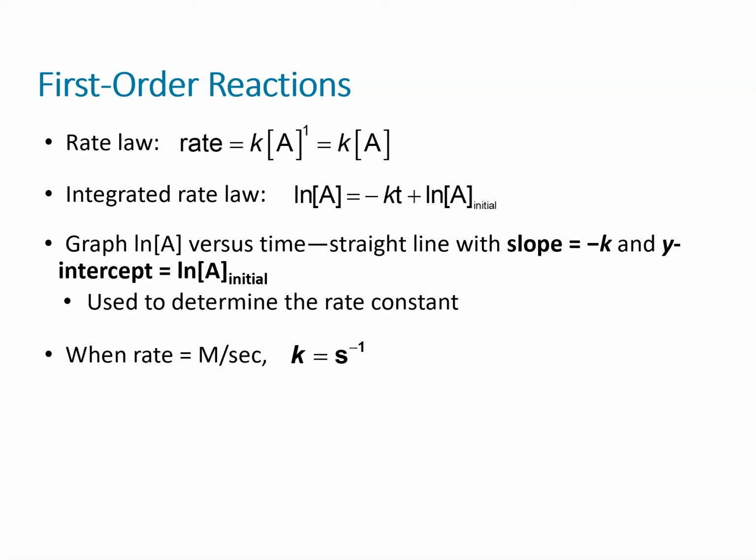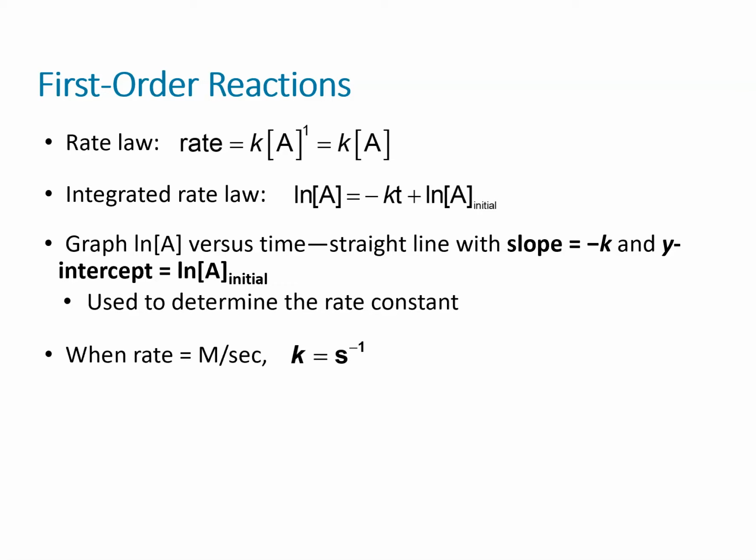So for first order reactions, we have a relationship for our rate law, which is just rate equals k times the concentration of A. And because the exponent, or n, is 1, we can just let it drop because it's unaffected.